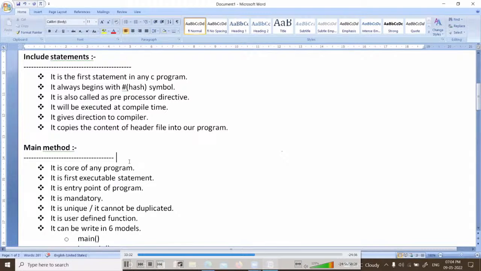How far have you finished? Up to the main method or the include statements? Can you ping a message? All completed. Good.